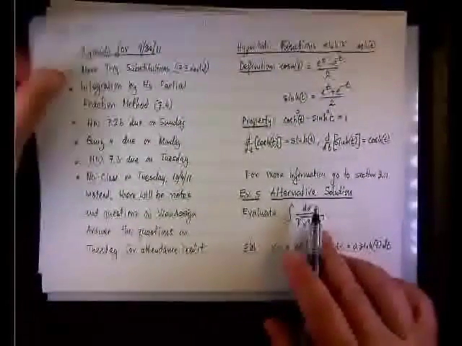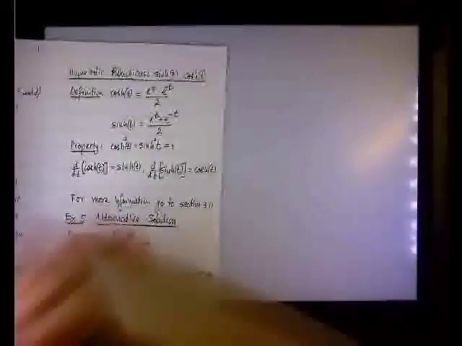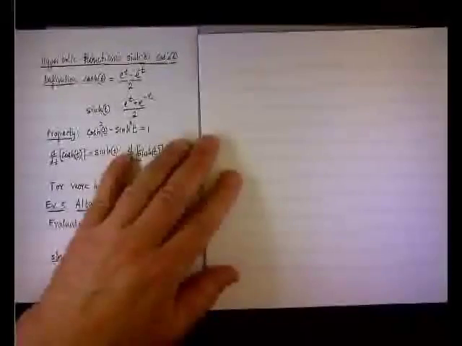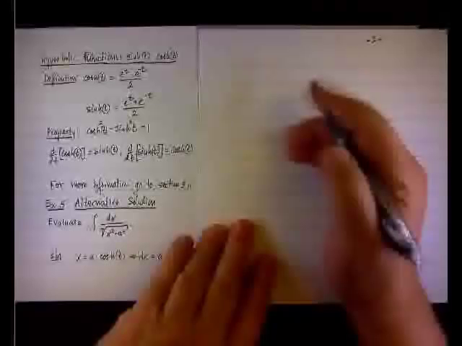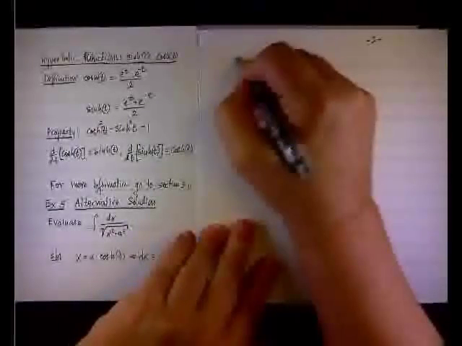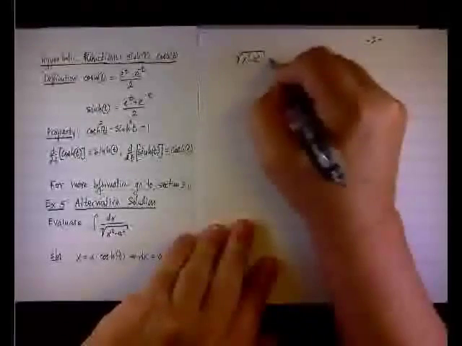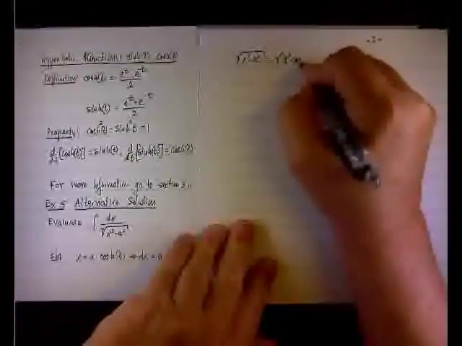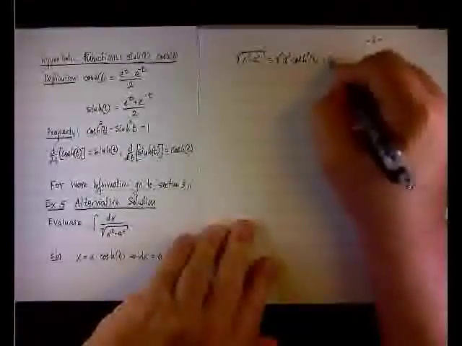Okay, and now let's see what happened to the denominator once I perform this substitution. Let's look at the square root of x squared minus a squared. After substituting, instead of x squared, you have a squared hyperbolic cosine squared of t minus a squared.